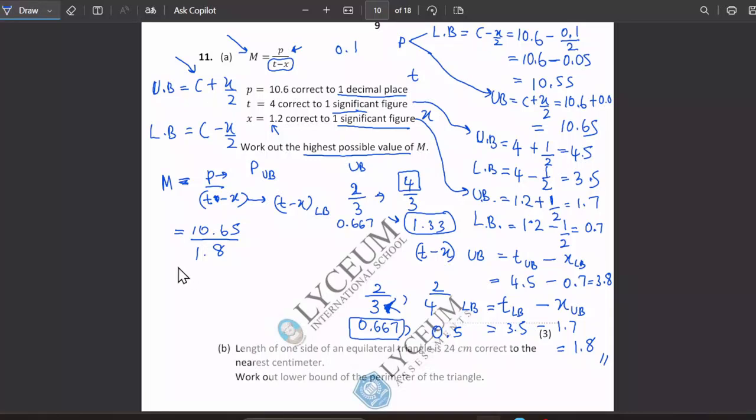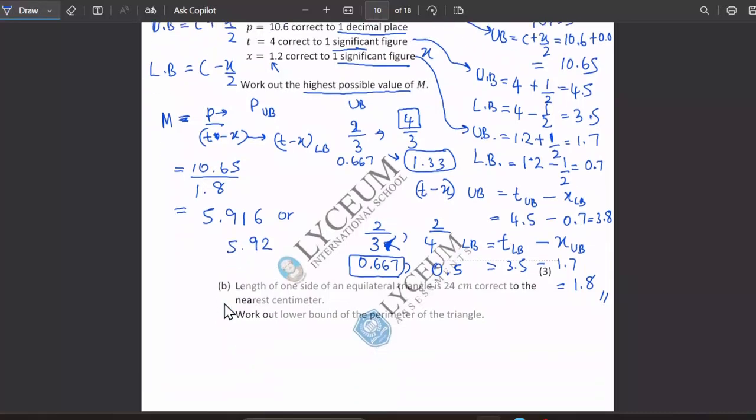So this gives us the answer 10.65 divided by 1.8. It gives us 5.916, or we can say 5.92.